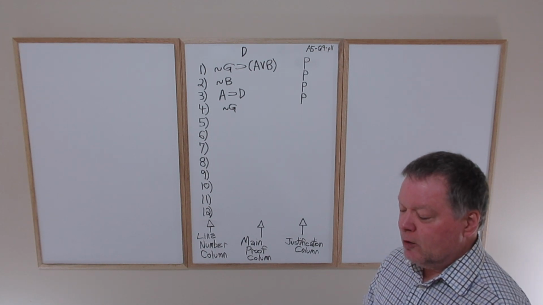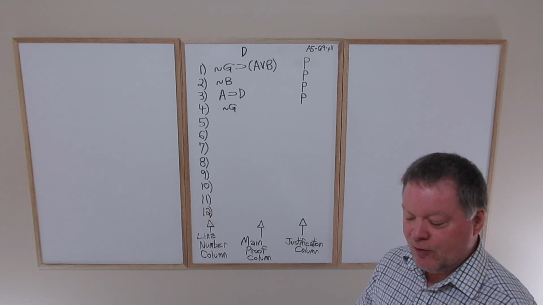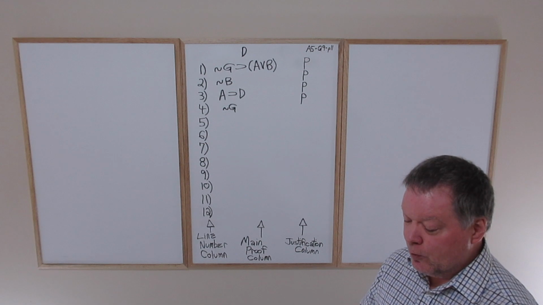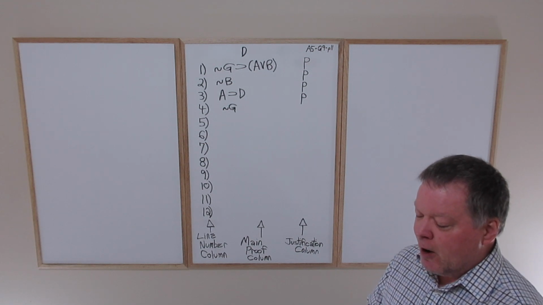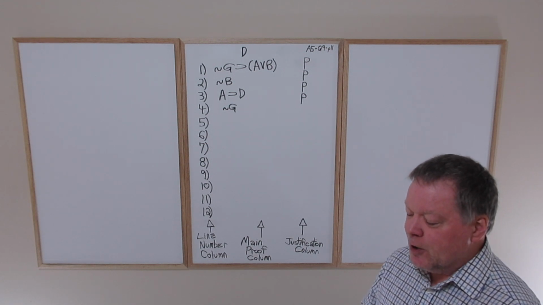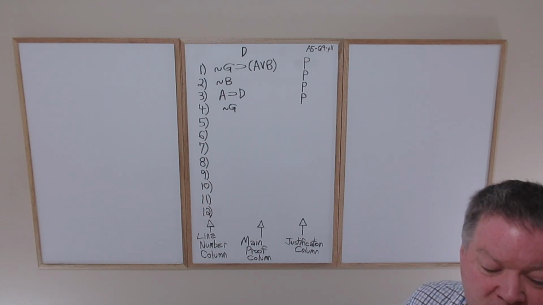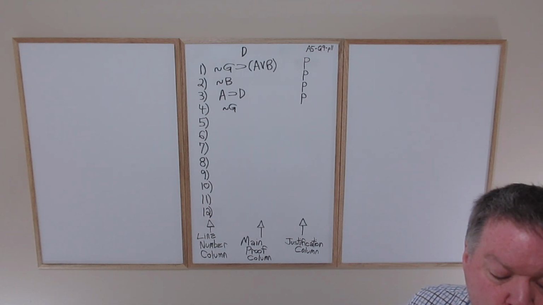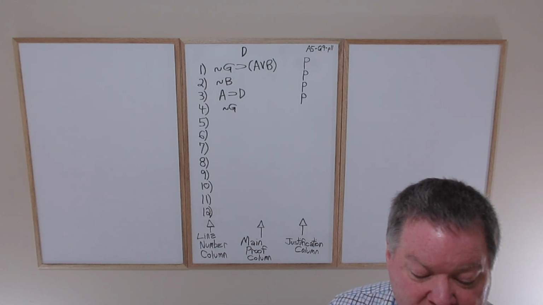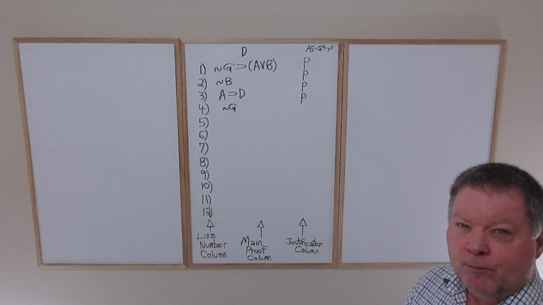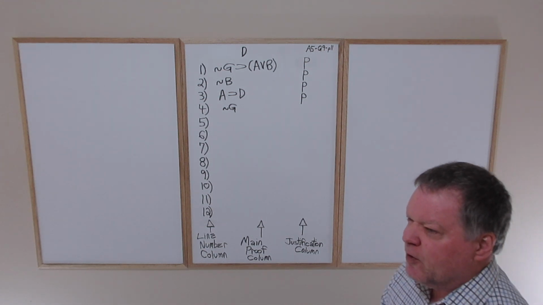Your goal, you should be able to understand this right now. Your goal when you're constructing a proof is to derive the conclusion that you have been asked to derive by constructing a series of individual rule applications that starts with your initial premise set and ends with your conclusion. So it's always going to be this way.